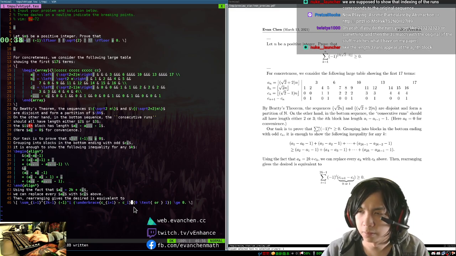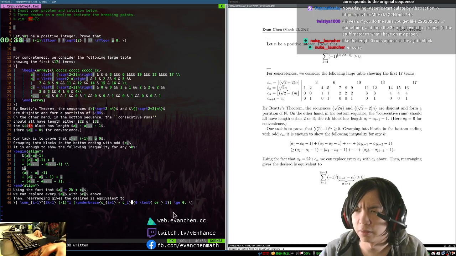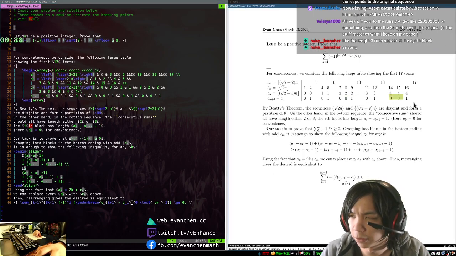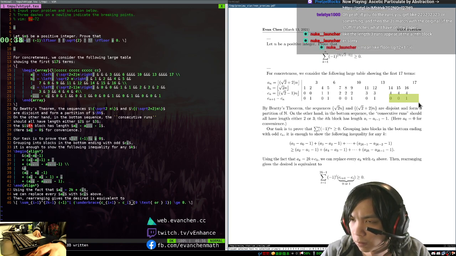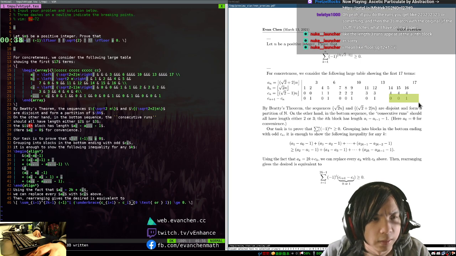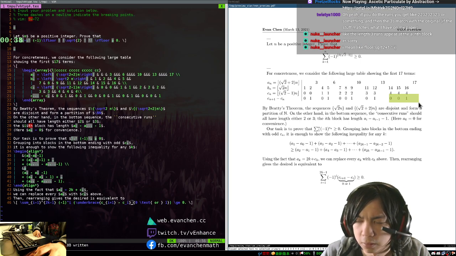Okay, a-nth block. It's not a-nth though, right? Because this appears as a 3rd block and this appears as a 5th block, right? Did we make a mistake? Root 2 plus 1. Okay. But then that's like second and fifth, or no, not second and fifth, second and fourth, and first.